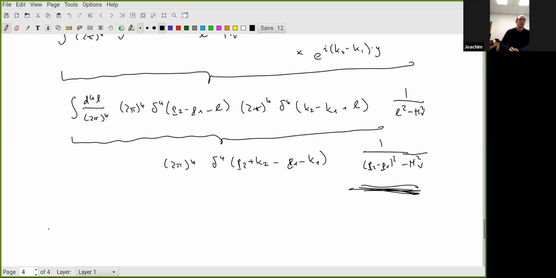So we can just write this as a Taylor series or geometric series. Let's call it the momentum transfer Q. So we have Q squared minus m_V squared. I can just factor out minus 1 over m_V squared times 1 over 1 minus q squared over m_V squared.